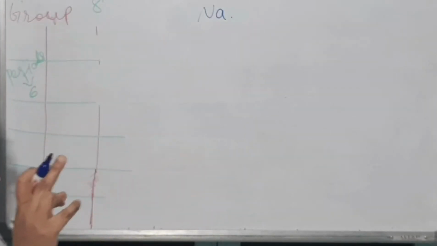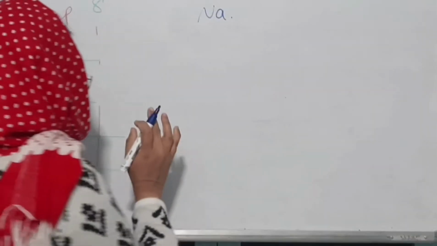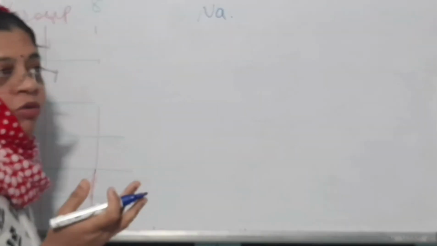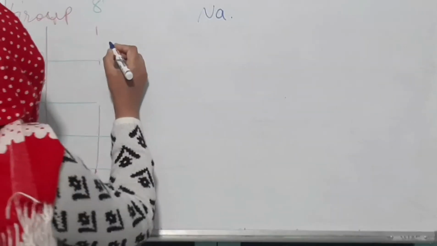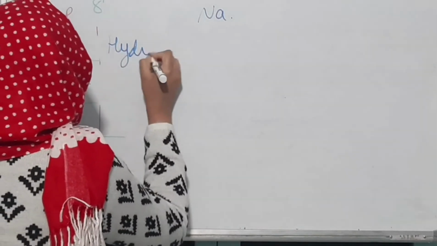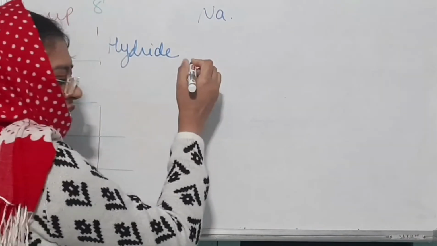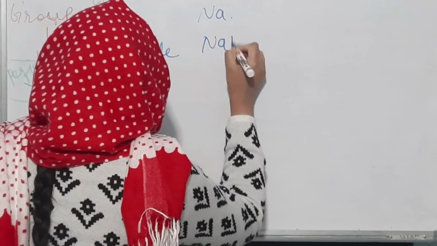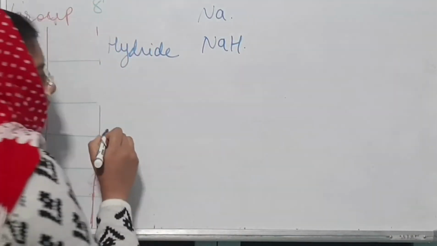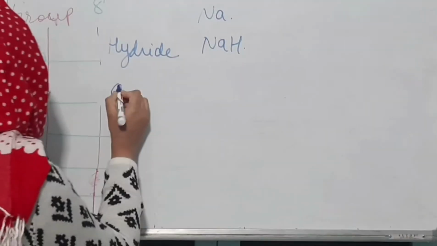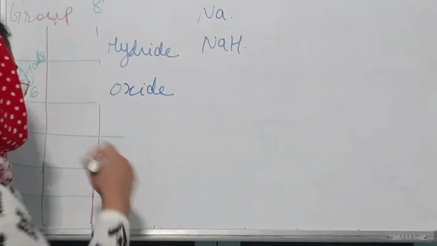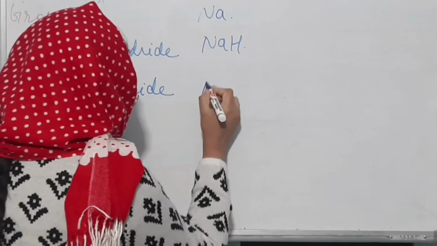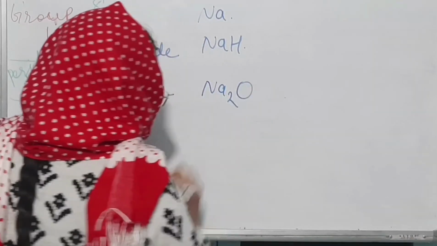When sodium forms a compound with hydrogen, it forms a hydride, which is NaH. And when sodium reacts with oxygen, it forms an oxide, so it will be Na2O.